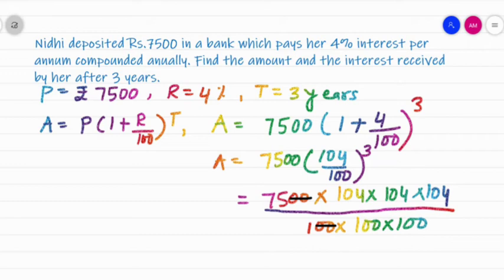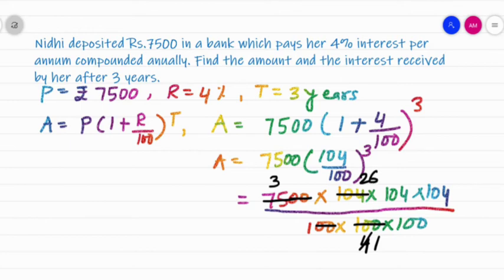Again see, 25 3s are 75 and 25 4s are 100. You can also cancel 4 with 104, because 104 is divisible by 4. So 4 1s are 4, 4 2s are 8, 24 left, so 4 6s are 24.